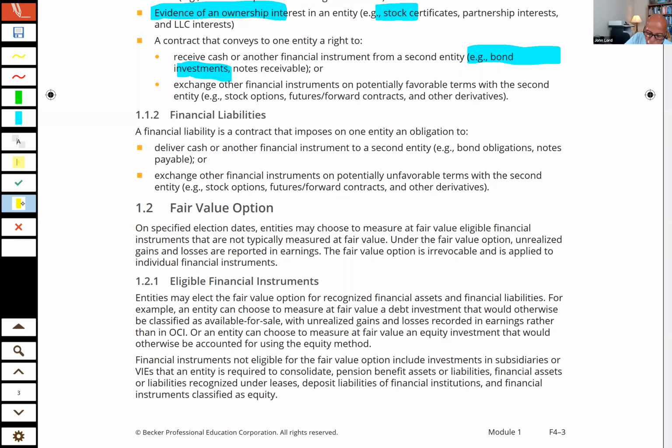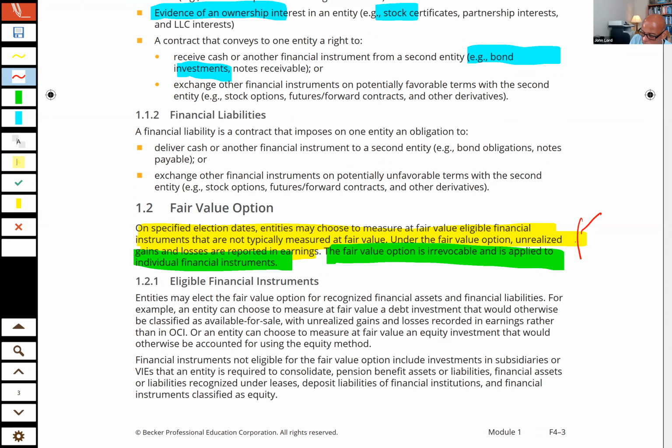So on a specified election date, entities may choose to measure at fair value eligible instruments that are not typically measured at fair value. Under the fair value option, unrealized holding gains and losses are reported in earnings. They're reported on the income statement, and this option is not revocable once you decide.